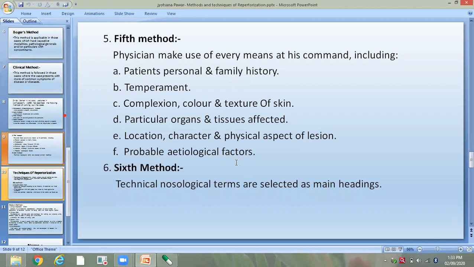We should also find out what may be the etiology behind this condition of the patient.